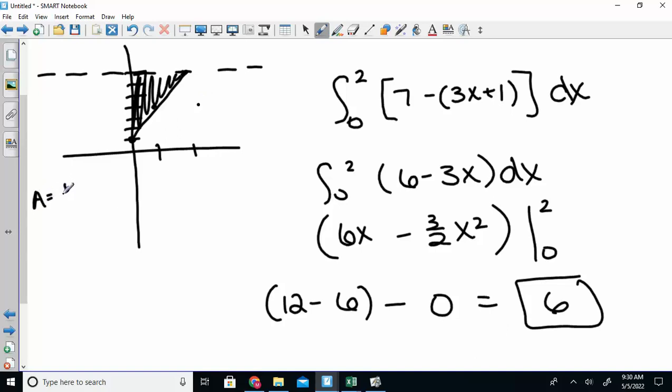What's the area of a triangle? 1/2 base times height, which is like length times width, basically half a rectangle. The length of the base is 2. The height of this is 6. 1/2 times 2 times 6 is 6. We did it right.